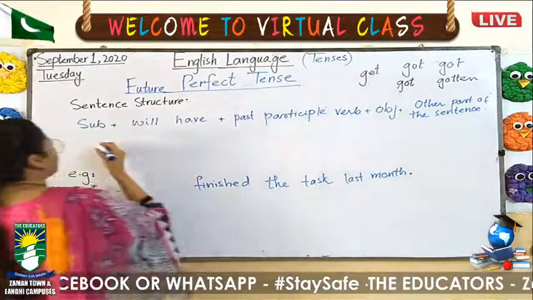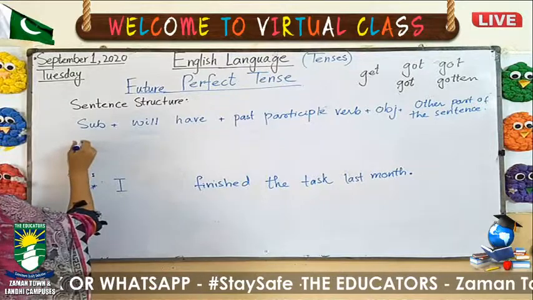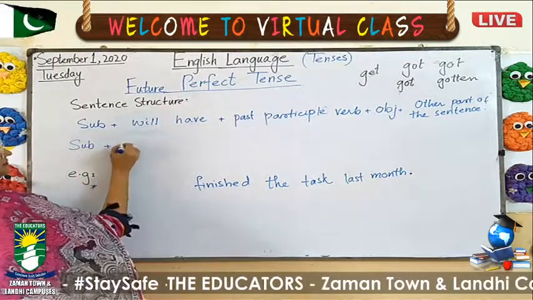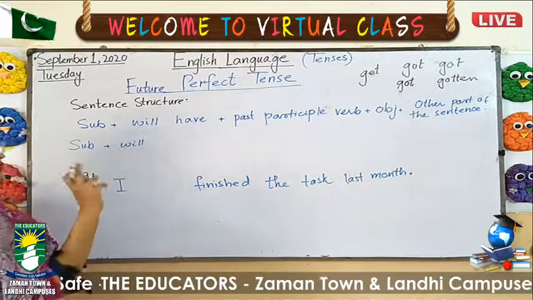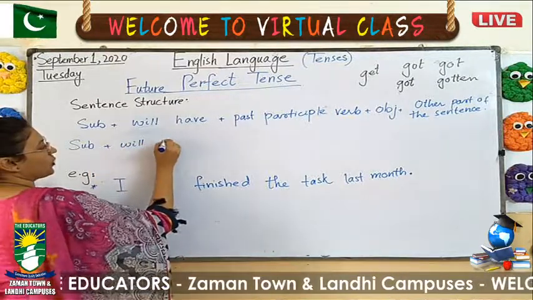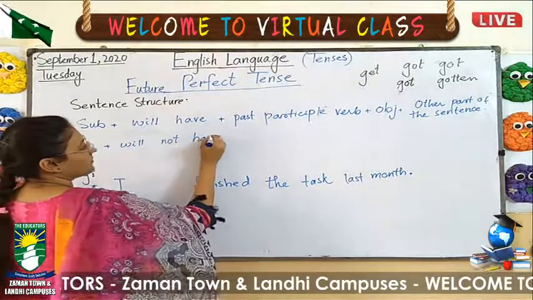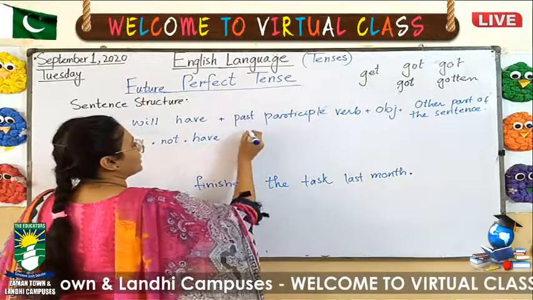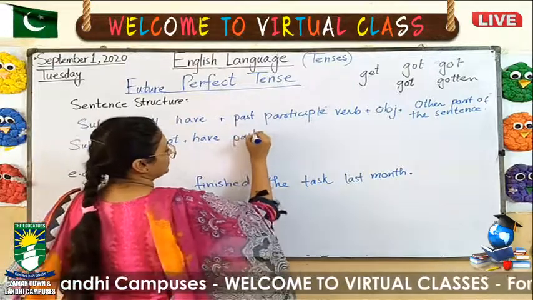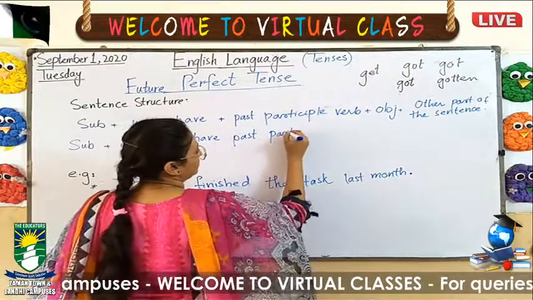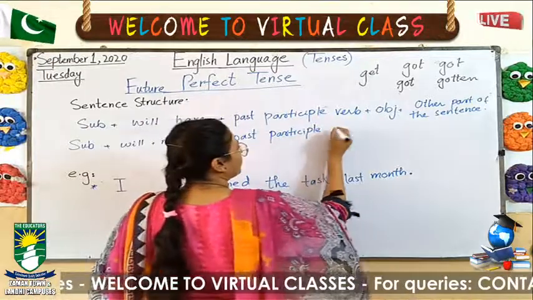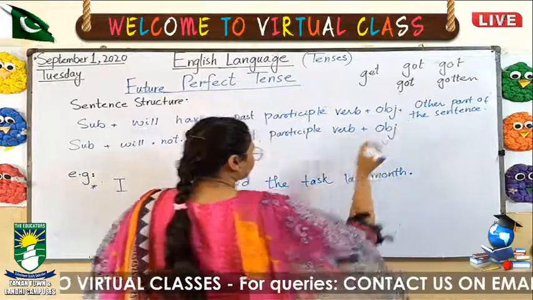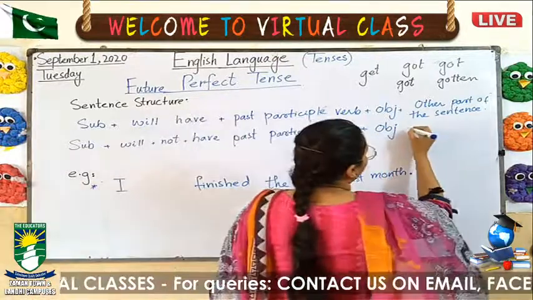Okay, fine. While changing this into negative, yes, help me change. Subject, we will break two helping verbs, will not have, past participle verb, object, other part of the sentence.